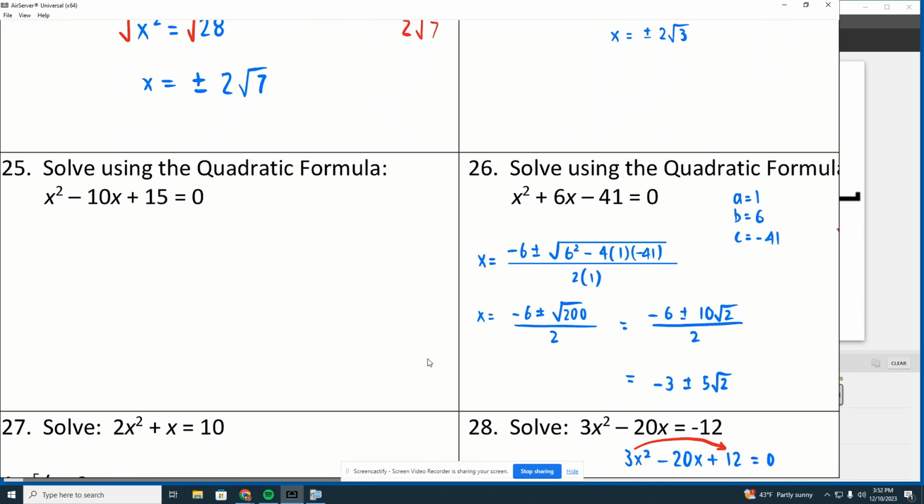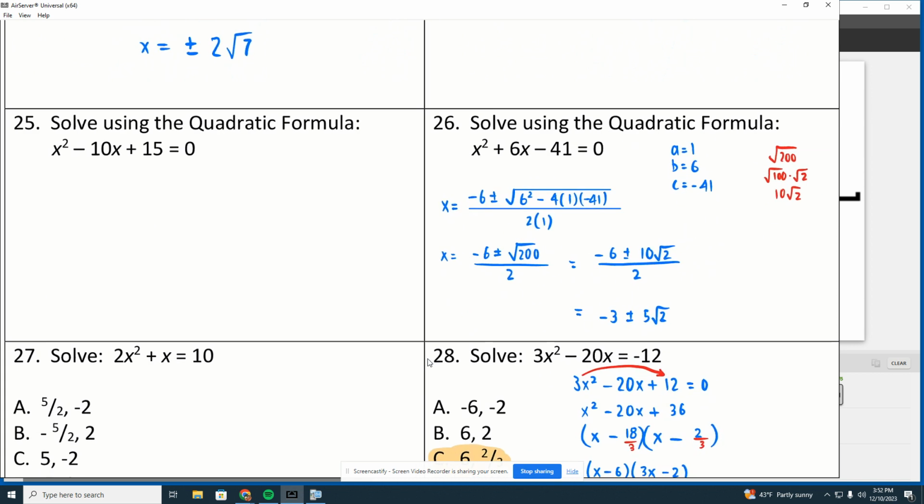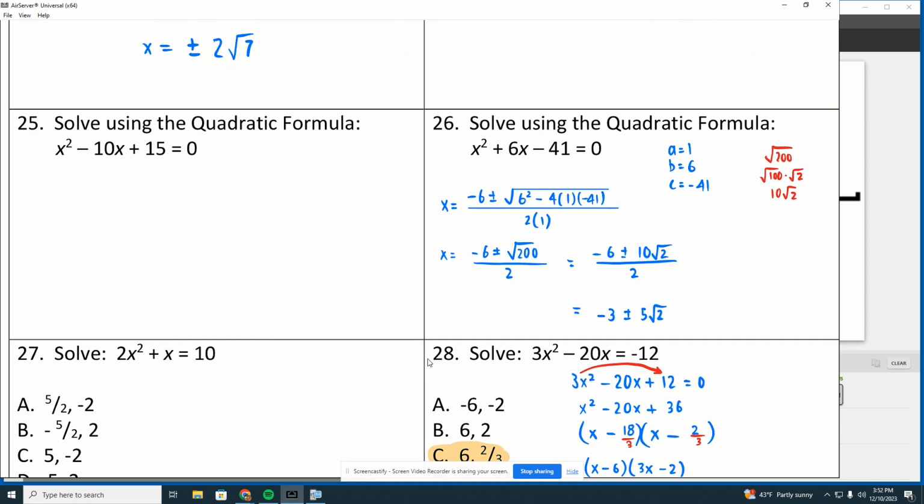Okay, moving along. Quadratic formula, again, is something that you guys will be given. It might not be on the formula sheet itself, but it doesn't matter. It will be provided to you if needed. So here is the formula. X equals negative b.